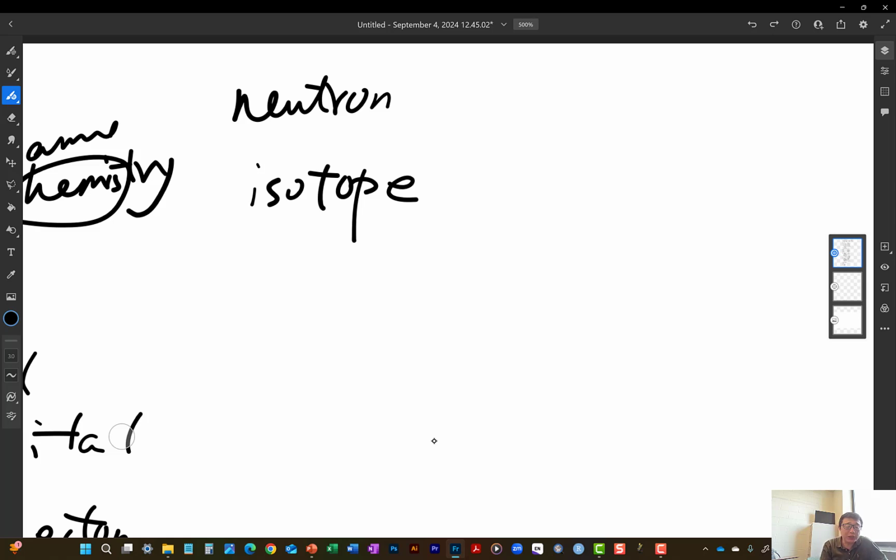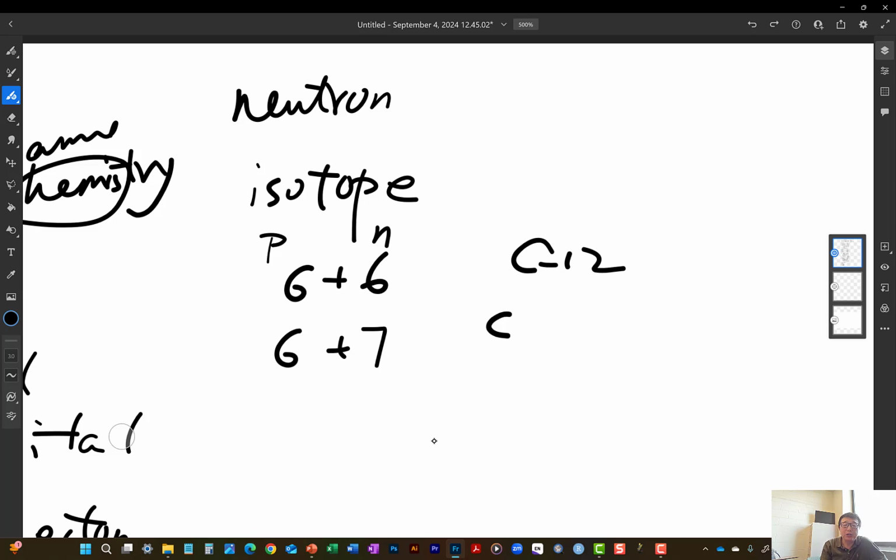So they are the same. For example, we just talked about carbon. We have the example of hydrogen in my slides, but let's mainly focus on carbon. In carbon, you can have 6 plus 6. That's the most common carbon: 6 protons and 6 neutrons. 99% of carbon is this one. They call it C12. Some carbon has 6 plus 7, 6 protons, 7 neutrons, called C13.